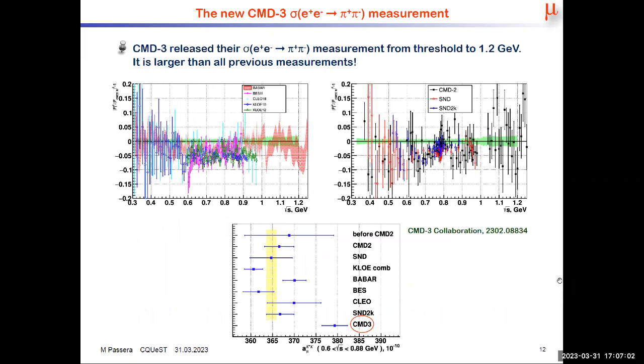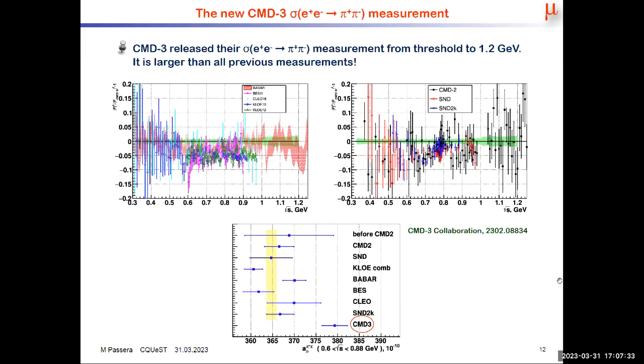The CMD3 collaboration in Novosibirsk very recently published a new result of their e+e- cross-section. And the great surprise is that this measurement, from pi threshold up to 1.2 GeV, is larger than all the previous measurements. And this is even more puzzling.